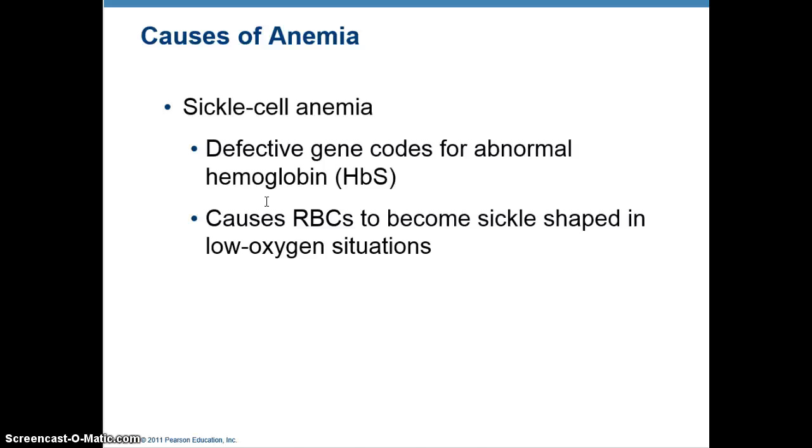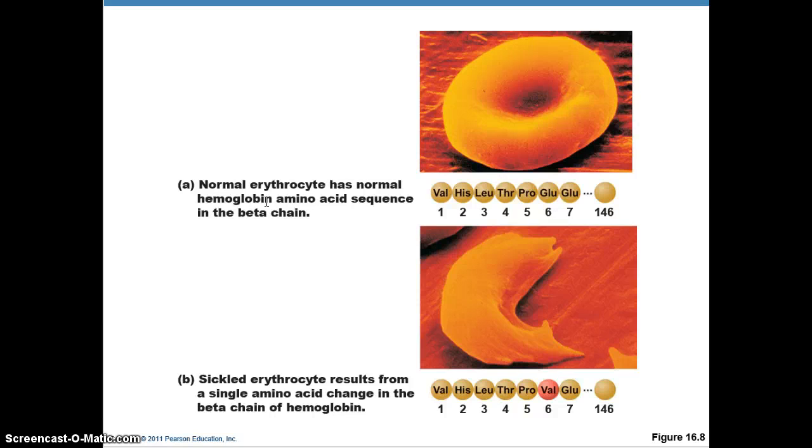Similar to thalassemia, but for some reason that I don't understand, in its own category is sickle cell anemia. So it is another hemoglobin defect, which causes the hemoglobin to be unable to bind oxygen very well, and also causes the cells to take on this sickle shape.